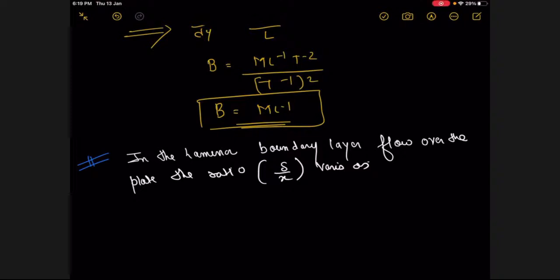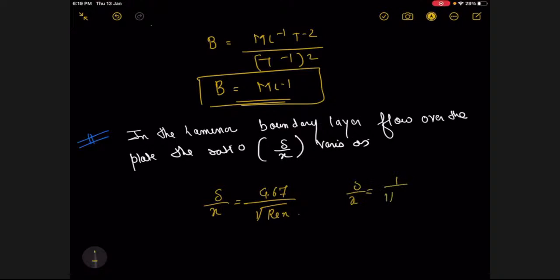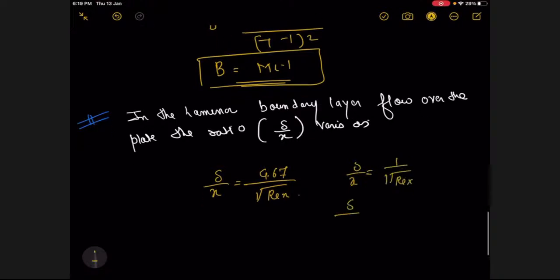So for boundary layer in the laminar flow, Blasius equation is used, and that is del by x equals 4.67 upon under root of Re_x. So here we can say del by x is 1 upon under root of Re_x. And you open this, suppose rho v x upon mu.